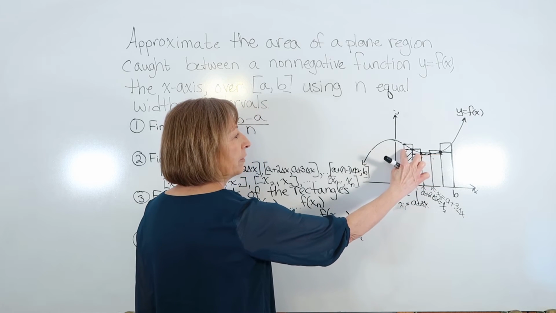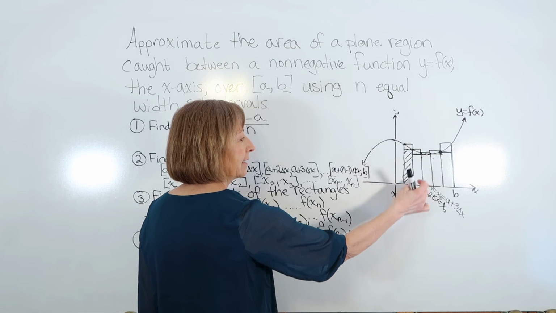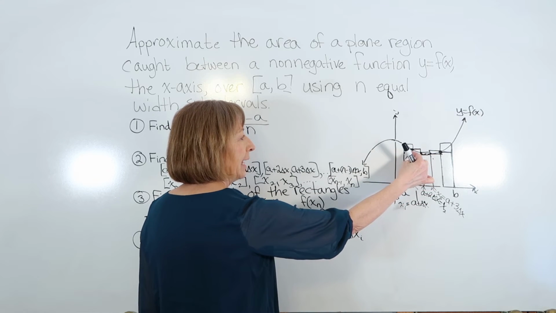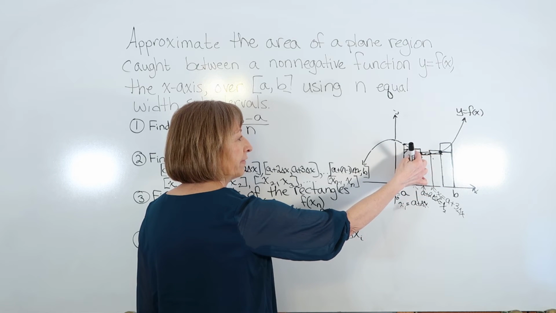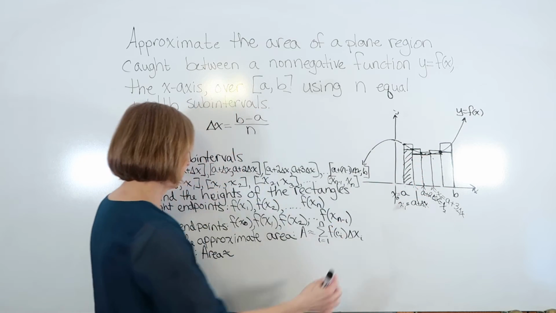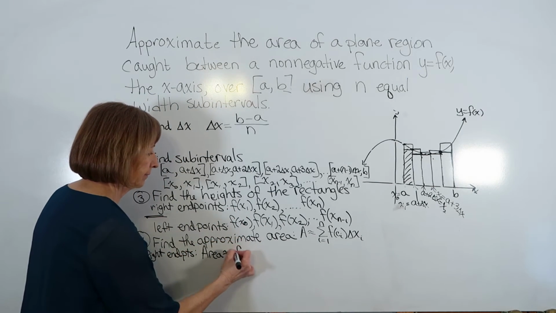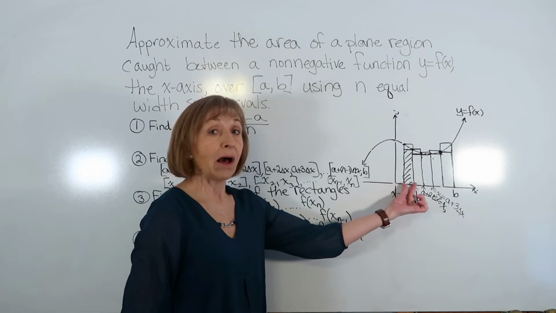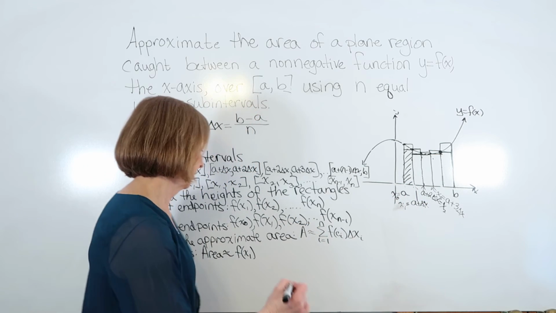The formula for the area of the rectangle is the length times the width. My length is what I get out when I ran that x value through the function. I got the function value out, so that gives me my height, f of x sub 1, times how wide that rectangle is, and it's a delta x wide.